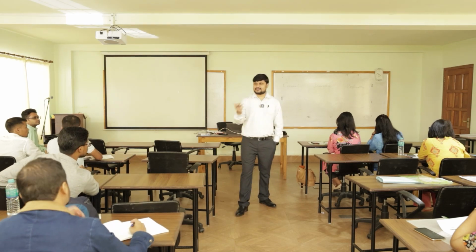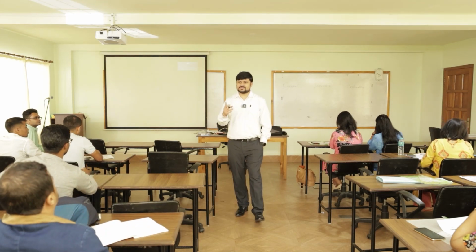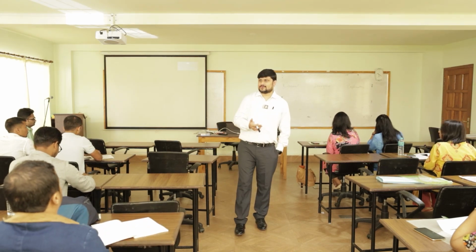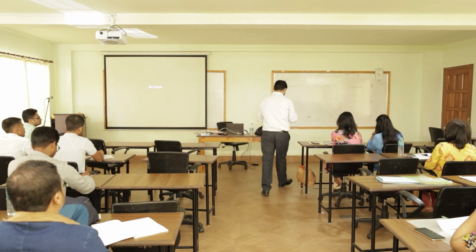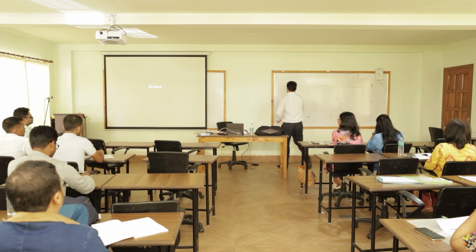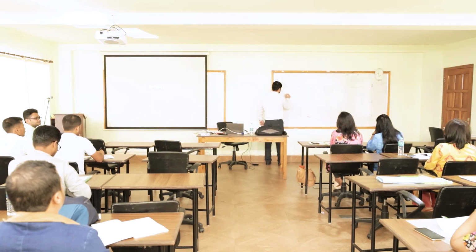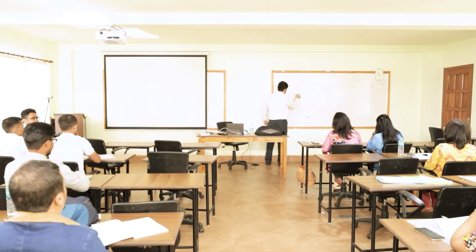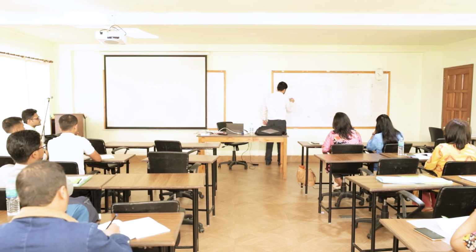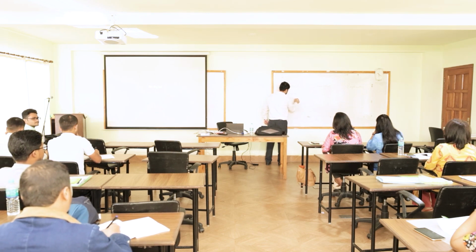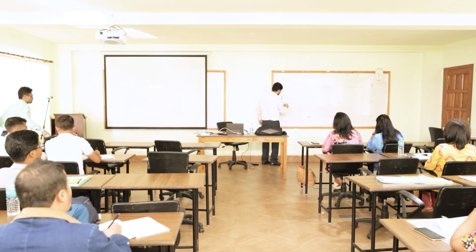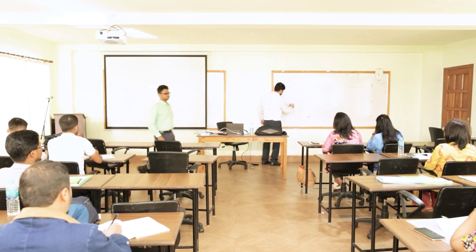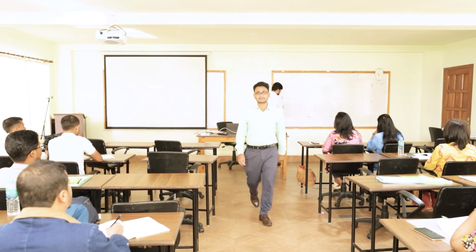So if you provide an intervention, there would be certain change in the key outcome indicator or in the impact indicator, right? So if there is an if-then relationship, this is basically where all kinds of evaluations will fall under.